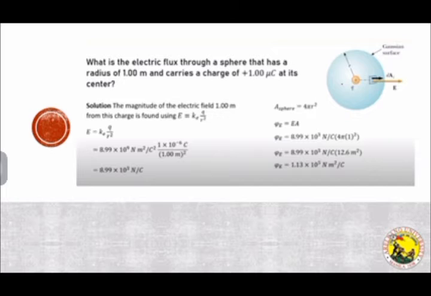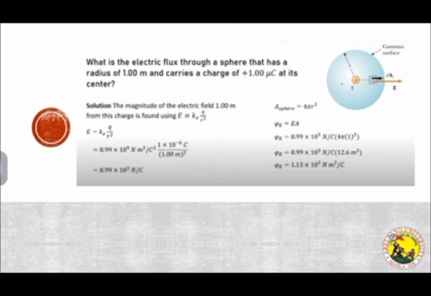For the distance, we square it and then use our understanding of operations in scientific notation to solve this. So we will have an answer of 8.99 times 10 cubed newtons per coulomb.